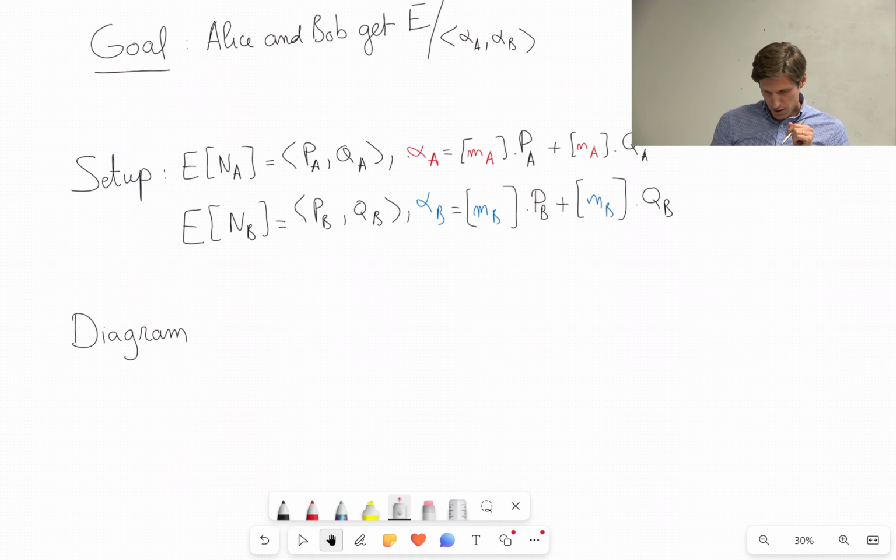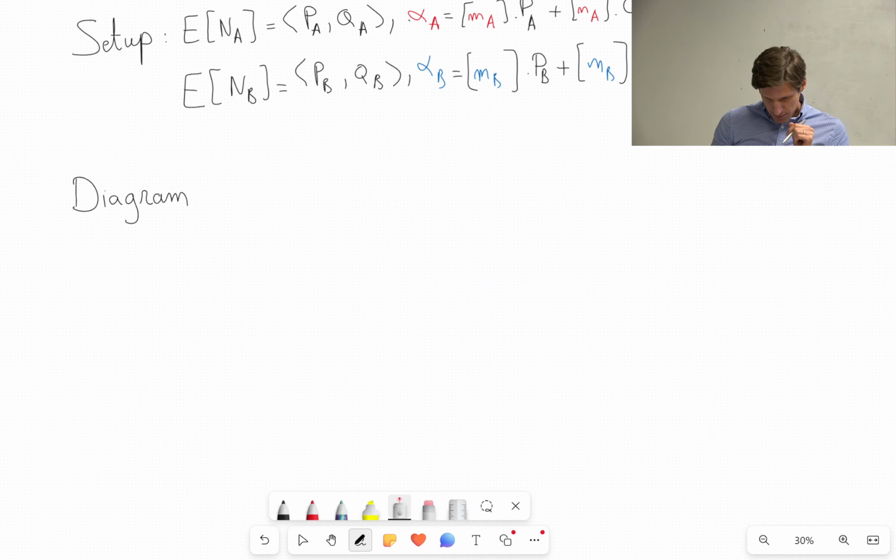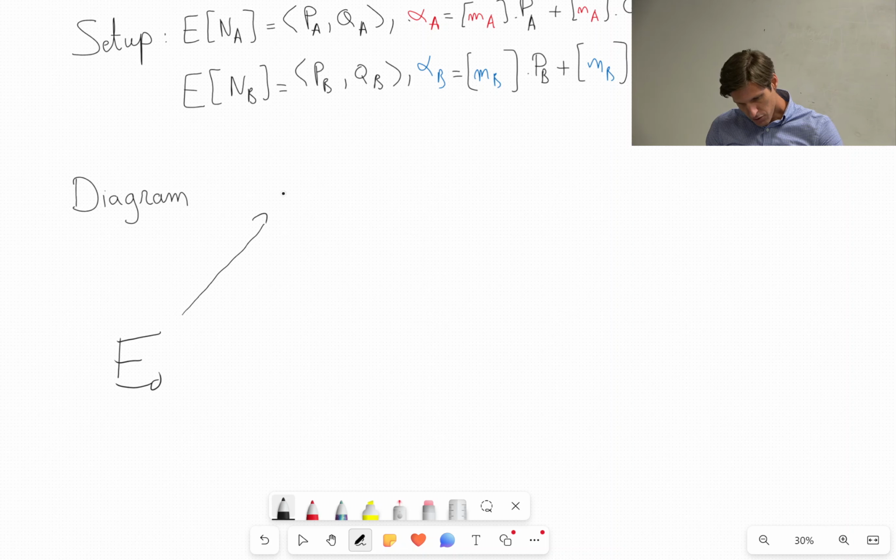Okay? So I figured I'm going to do the diagram live, and what could go wrong? We'll see. So let's say you start with a curve E0, right? And if you're Alice, you can go from E0 to, say, curve E_A, all right? That's by quotienting by alpha_A.